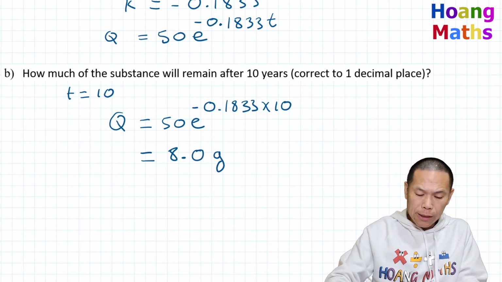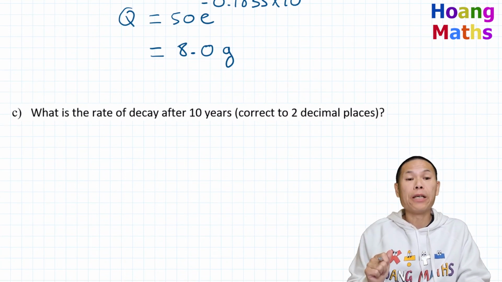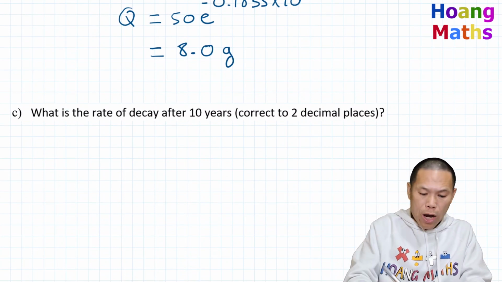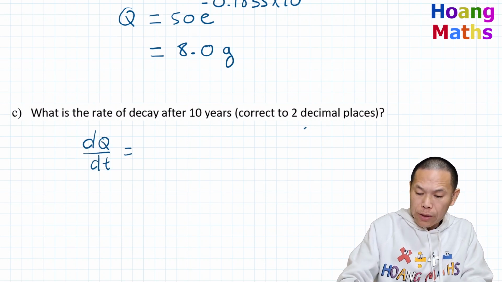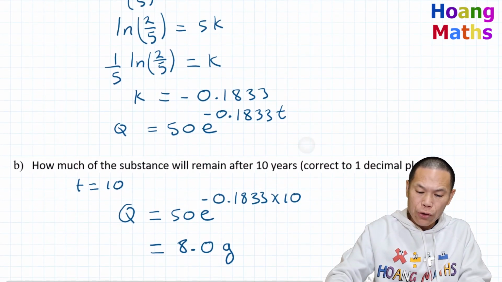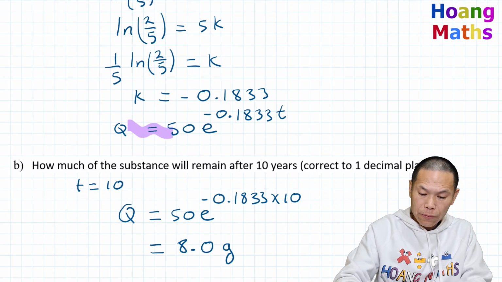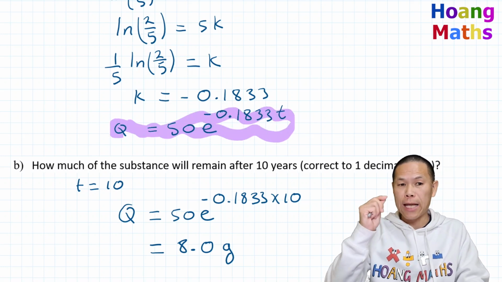Now part C. We need to find the rate after 10 years. In other words, we need to find dQ/dt when t is 10. What we can do is differentiate this and then substitute t equal 10 in to give us the answer.